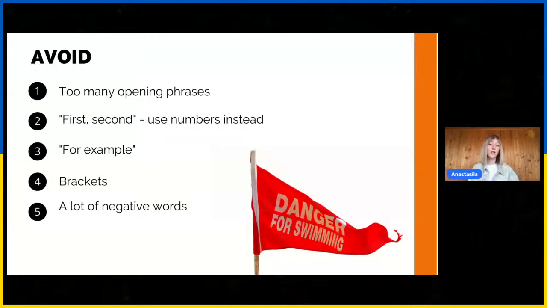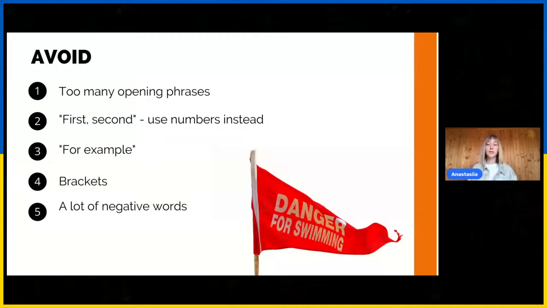Also try to avoid using words like for example, or to my mind, or in my opinion in the main body of your email. If you're writing the email, you are already expressing your opinion, so it's not necessary to emphasize that this opinion is yours. It's supposed to be yours. Or if you write, for example, again, it just overloads your text. So just try to avoid using some unnecessary phrases.